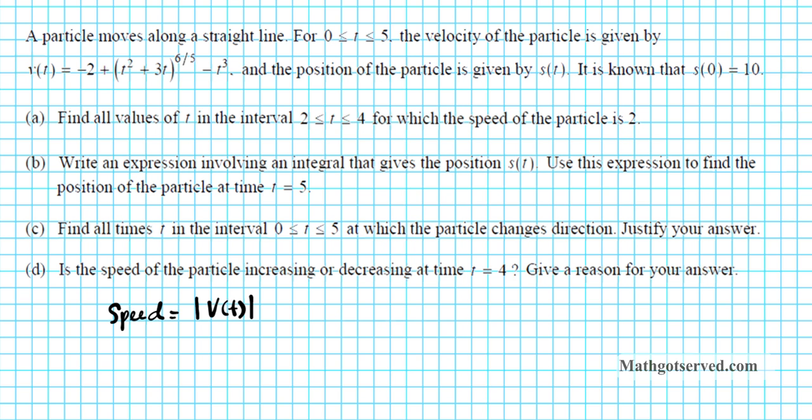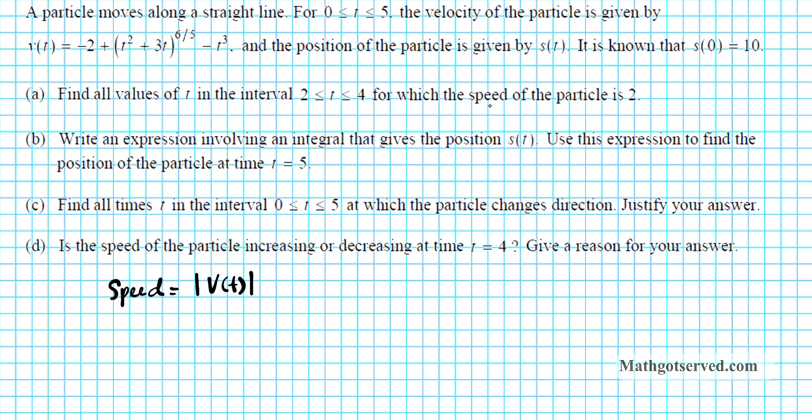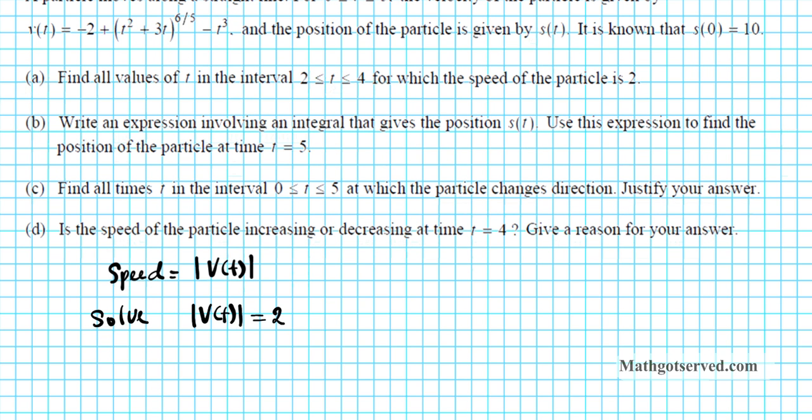Okay. So to find when the speed is equal to 2, we're going to solve the equation absolute value of v of t, which is equal to speed, equals 2. Okay? So our velocity function is pretty complicated.